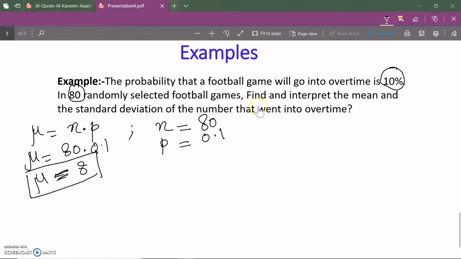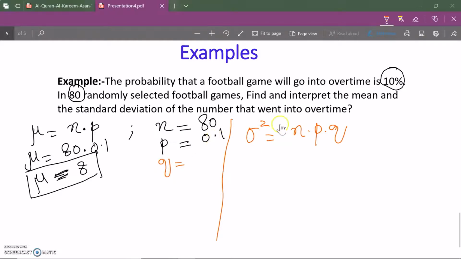Now let's compute the variance. Recall the formula: sigma squared is equal to n times p times q. Now p was the probability of success, so what will q be? Q is the probability of failure.